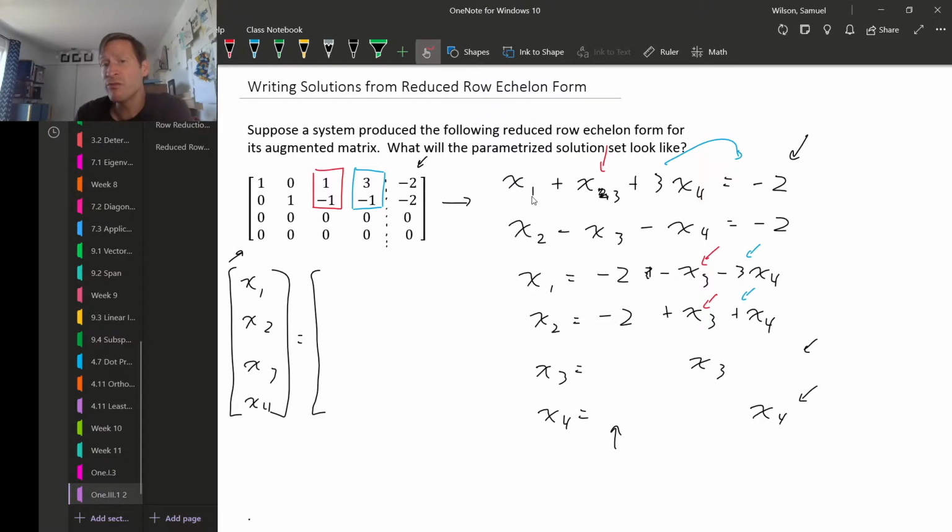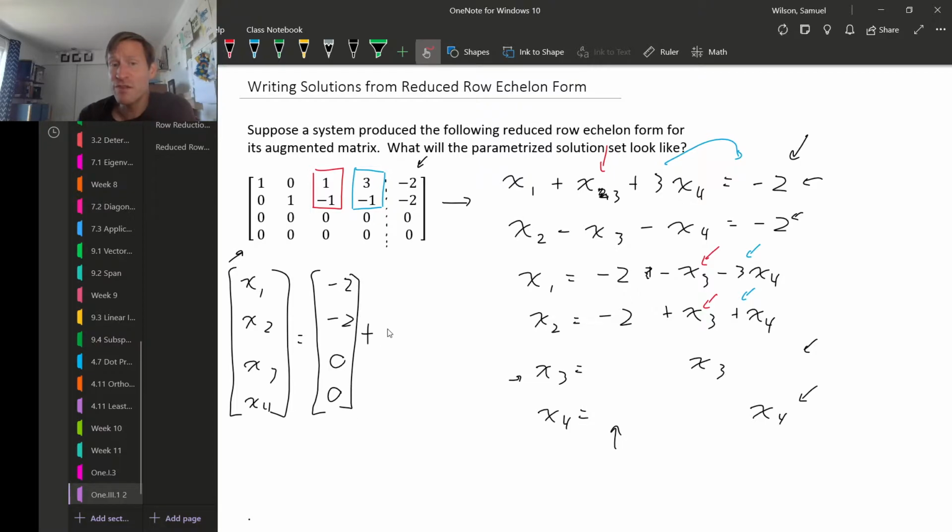So for the non-free variables, we have these constant entries here, minus 2 and minus 2. For the free variables, there will never be any constant part, because the free variables are always going to say, for example, this one just x3 equals x3. There's never going to be some constant in front here, so we'll just add zeros for all the free variables.